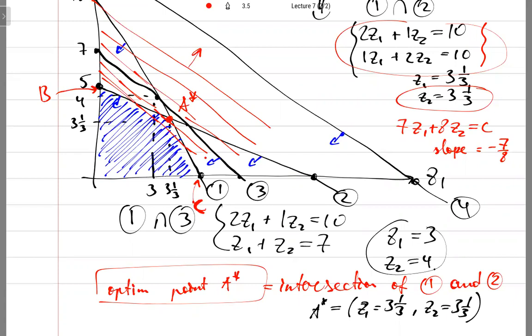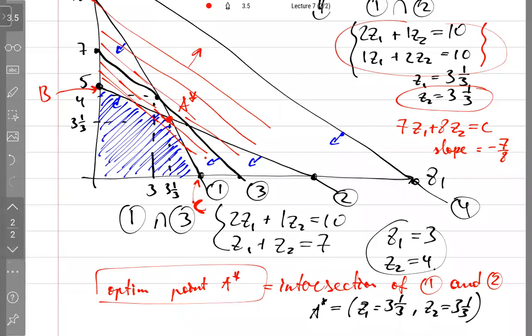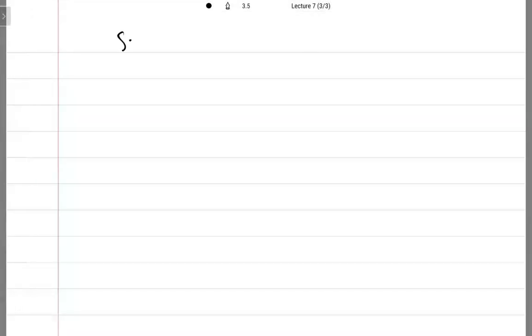Okay, basically, we have solved the dual problem, not the original one, but the dual. So let's summarize the solution of the dual problem. We are half on the way to the solution of the original problem. So what is the summary? Summary of the dual problem solution. That z1 is 3 and 1 over 3.